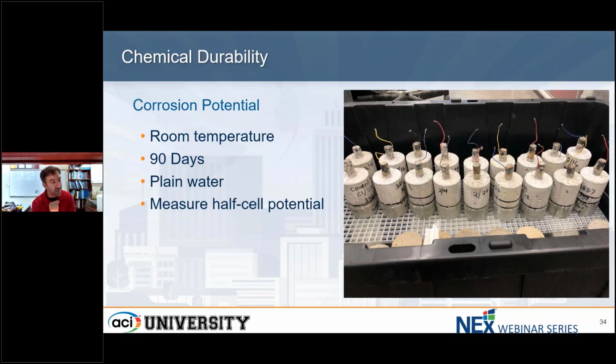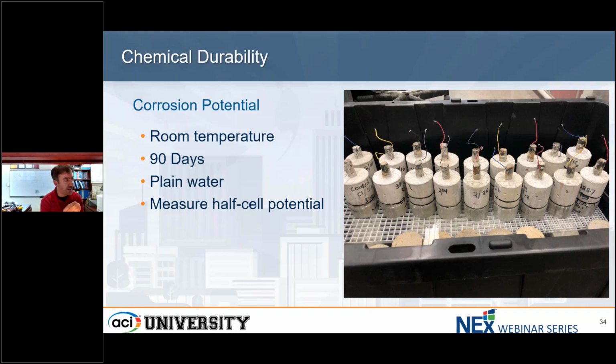So we went to the literature and came up with a test of our own based on a bunch of almost disparate testing regimes that were developed over the years. We were trying to make it simple so people can replicate this very easily. It's all at room temperature, which means it will take longer. If we had done this at elevated temperature, we could see something happening sooner, but based on our experience with ASR, the temperature and the silane, we didn't feel it represented real world conditions.